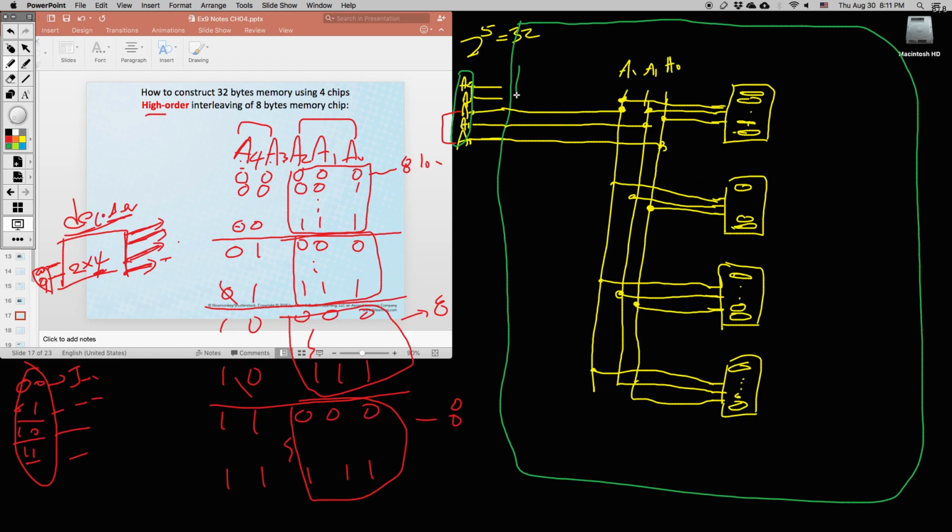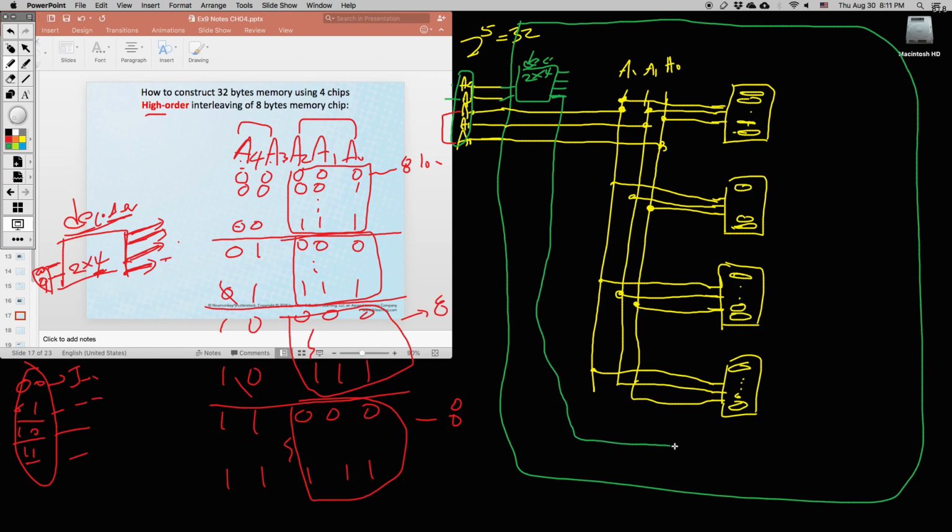So here, what you do is give a 2 by 4 decoder, and then two inputs, A3 and A4, are connected, and it produces one of the four outputs. When A3 and A4 are 0, this one will be activated as 1, while all the others are 0.